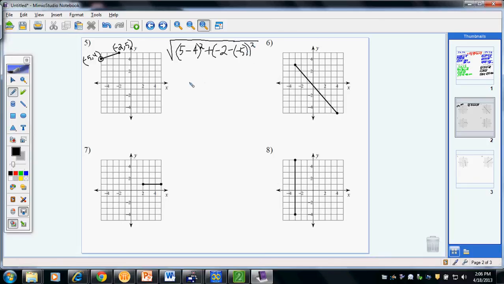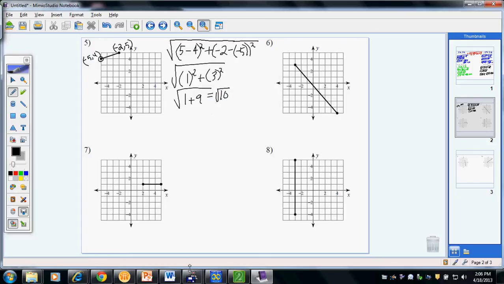Right? So 5 minus 4 is 1 squared, plus negative 2, negative times a negative is a positive, so it'll be negative 2 plus 5, which is 3. And so now we have 1 squared, which is 1, plus 9, which is 3 squared, equals square root 10.